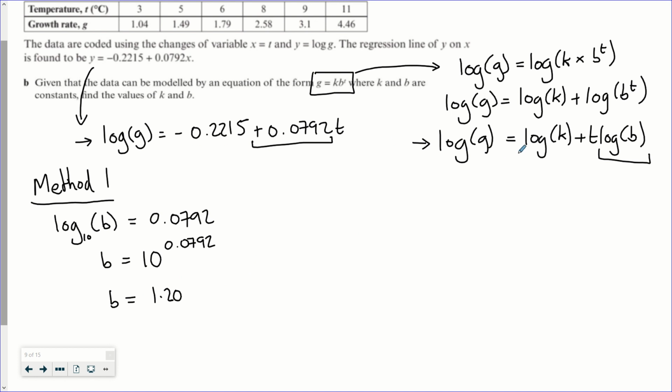And then we can also compare the constant term in these equations. The constant term in this equation from our regression line is minus 0.2215, and if we compare that to the constant term in this equation, it must be equal to log k.